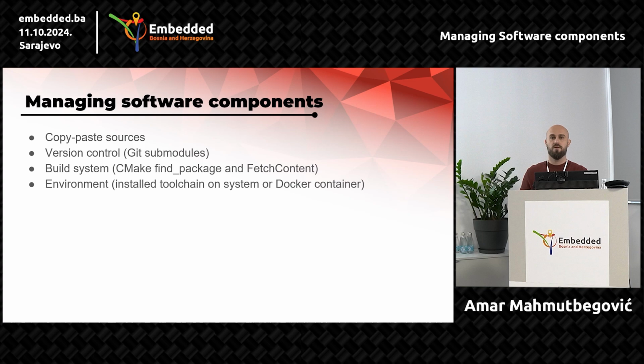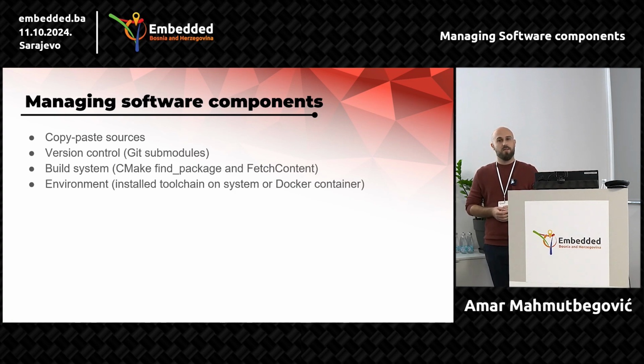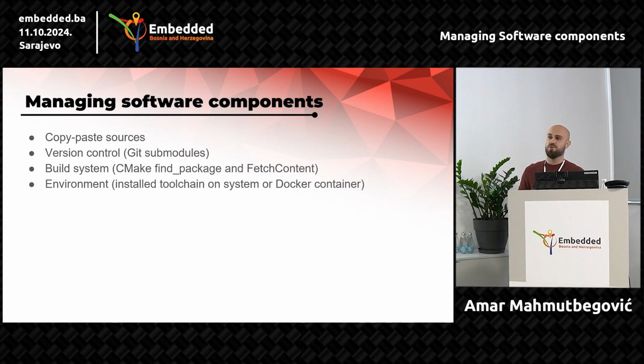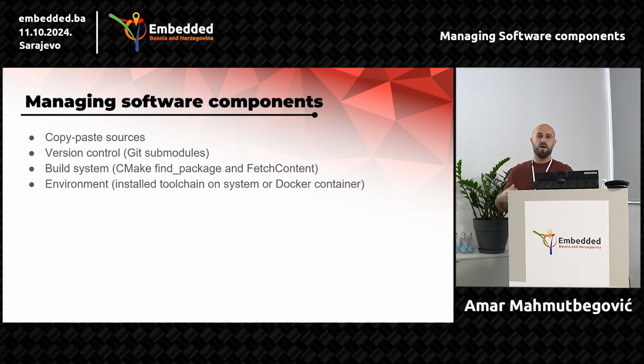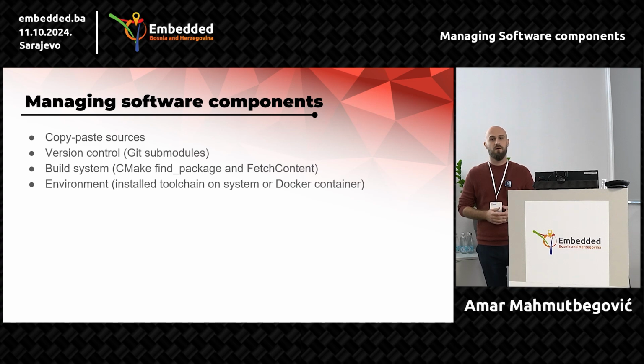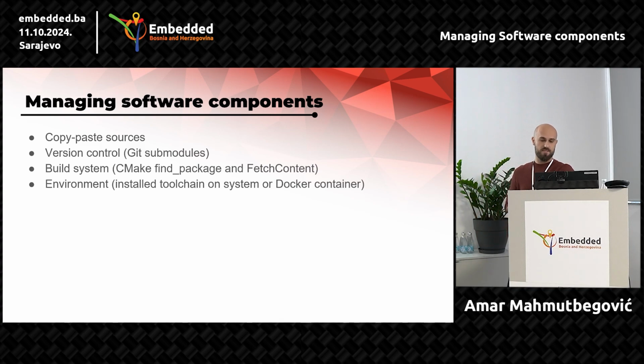If you are using CMake, you know we have functionality such as find_package and FetchContent that allow us to somehow manage dependencies. When it comes to the toolchain and all other tools, we usually expect them to be installed in the system, or if we take a step further, we pack them in a Docker container in order to have reproducible builds.